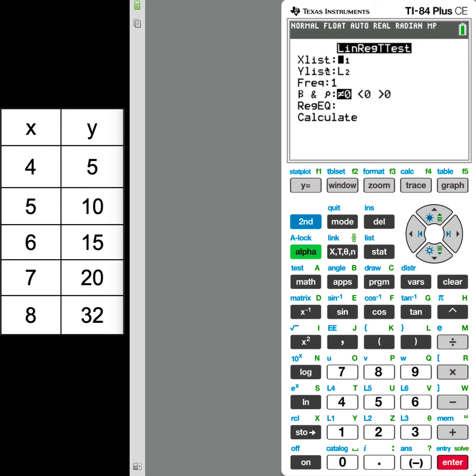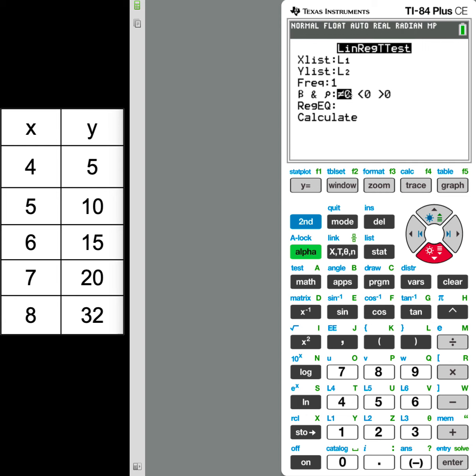When I go into LinReg t-test, I have my X list and my Y list. My X list was in L1, so second and number 1 to pull up L1, and my Y list was L2, so second 2 to pull up that. I'm going to leave frequency 1. It doesn't matter which alternative hypothesis you have here if you're just looking for the correlation coefficient.